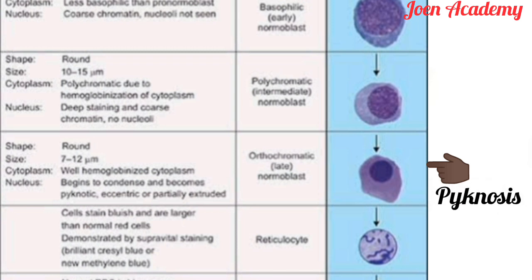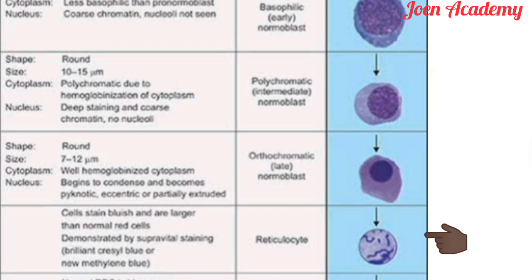The late normoblast stage develops into the fifth stage called the reticulocyte. In the reticulocyte stage, the cytoplasm contains the reticular network or the reticulum, which is formed from the remnant of the disintegrated organelles. The reticulocyte is also known as the immature red blood cell that is a little bit larger than the matured red blood cell.